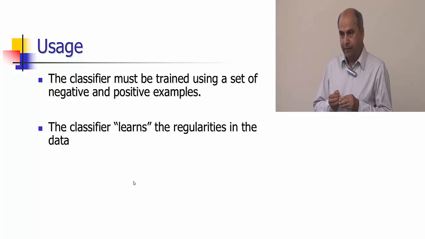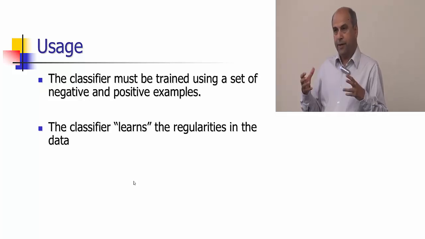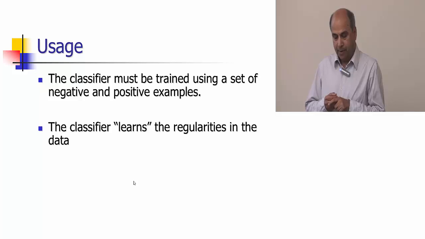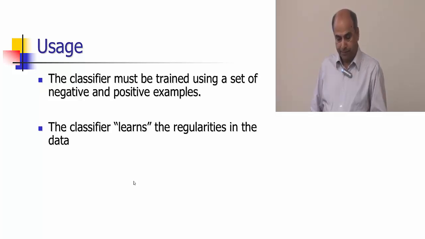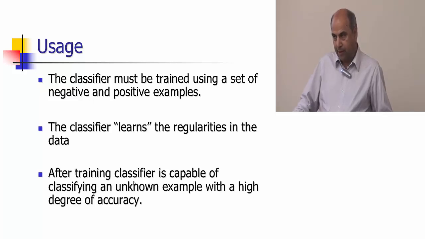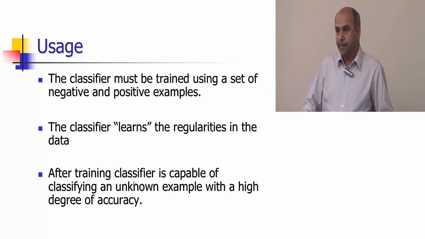That learning is in terms of the regularities, in terms of the margin or boundary between these two classes. Once the classifier is learned based on training examples, then you have an unknown example where you don't know which class it belongs to. It will classify correctly. So that's the idea.